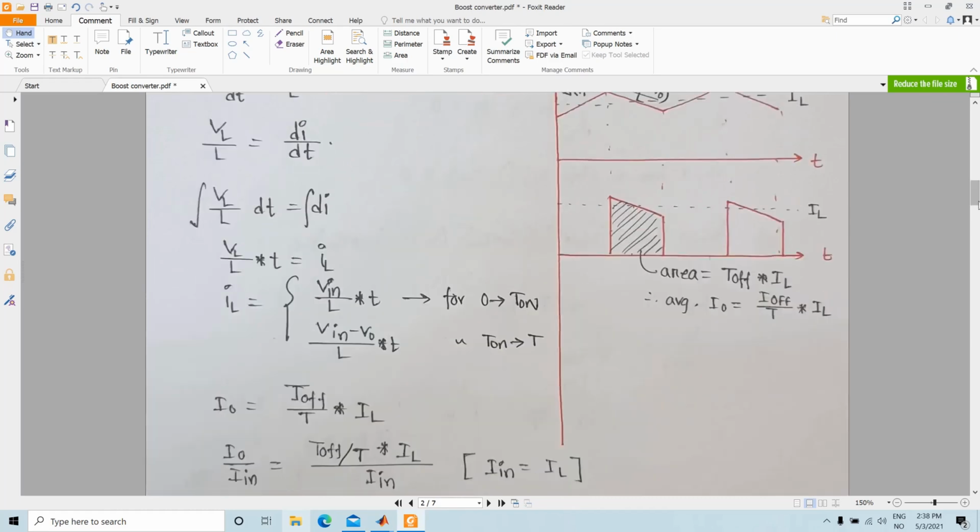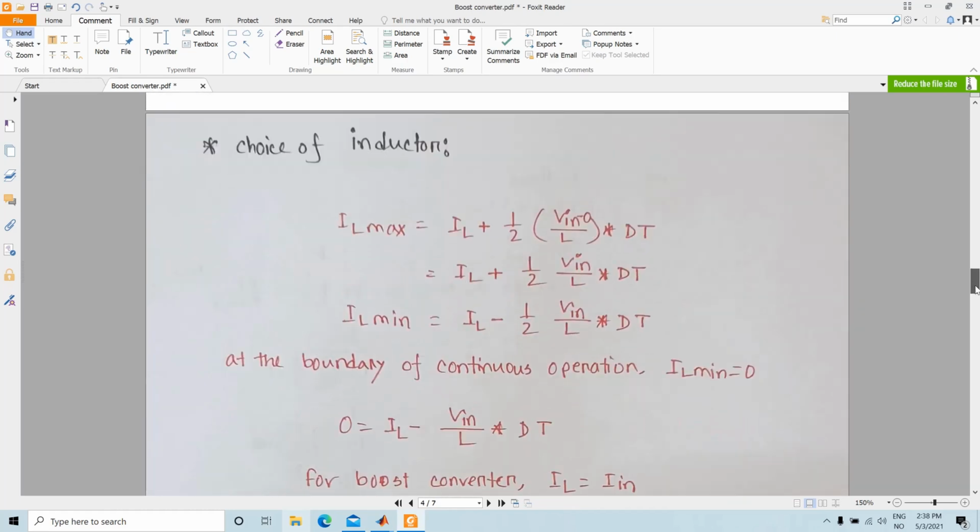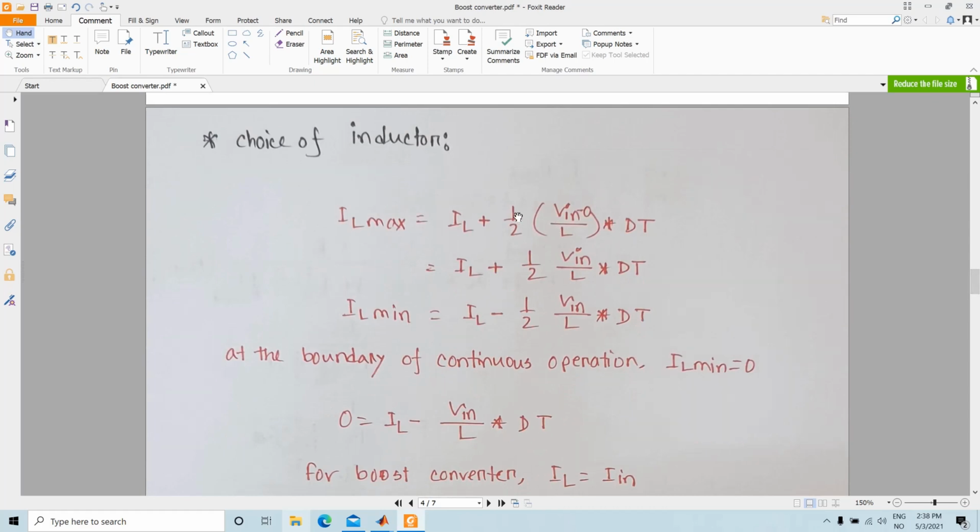Now this delta IL value is basically half of the slope during the time when it is on. So the on time is D multiplied by T, and your slope is V in divided by L. Okay, so V in divided by L is the slope.